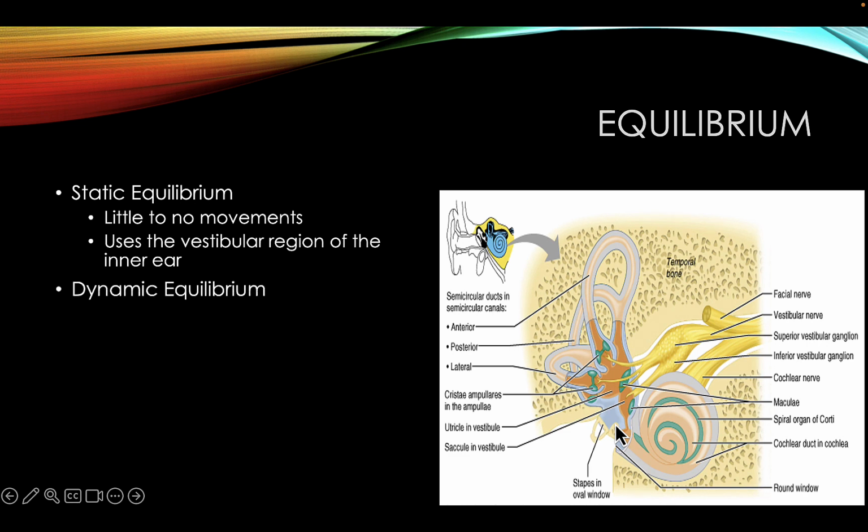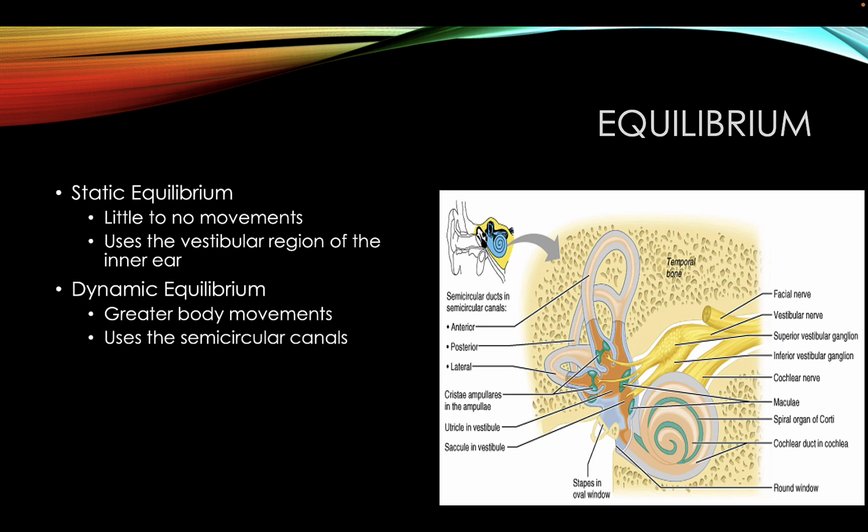And so when we look at dynamic equilibrium, we're actually looking at this portion here, okay? And this is where we have greater body movement. So you're running, you're spinning, you're rolling, whatever it is, but you're keeping your equilibrium. And we're using what's called the semicircular canals.